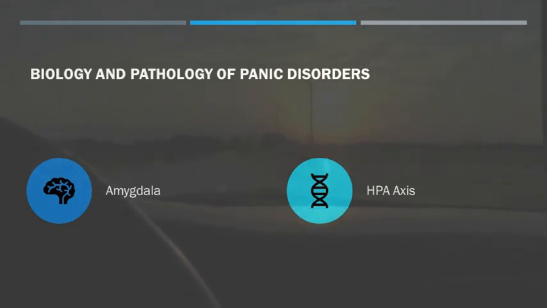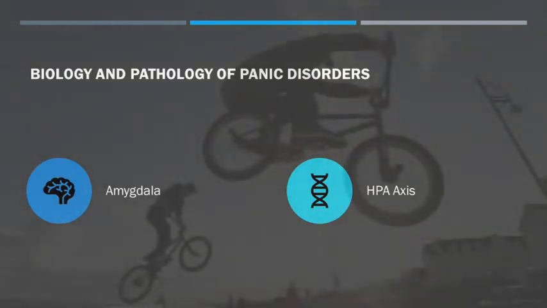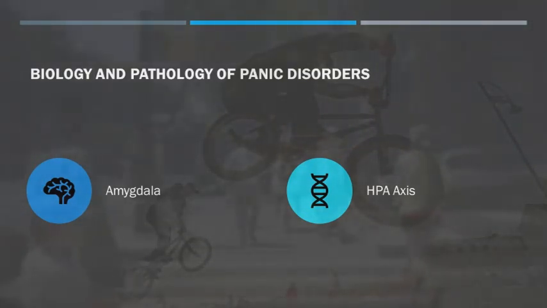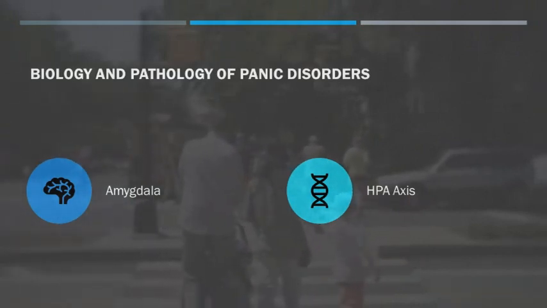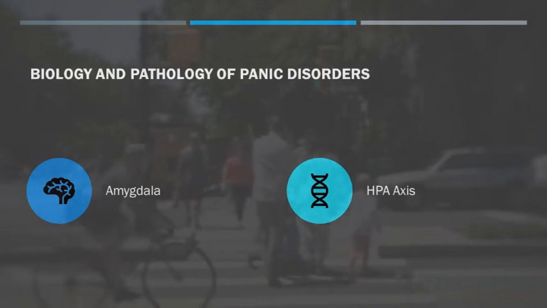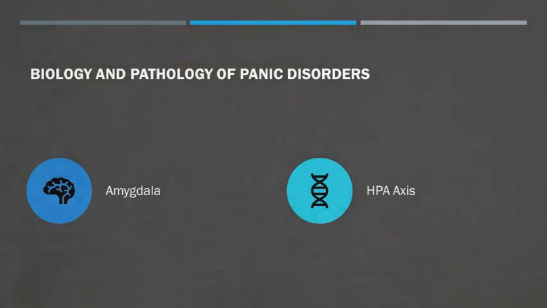And tied in with this is the hypothalamus, which is involved in regulating the body's stress responses, including the release of stress hormones like cortisol. And so there can be a combination of a dysregulation with the hyperactive amygdala plus dysregulation with the hypothalamus, and that can cause the hypothalamic-pituitary-adrenal axis to be activated, and that can contribute to a panic attack.